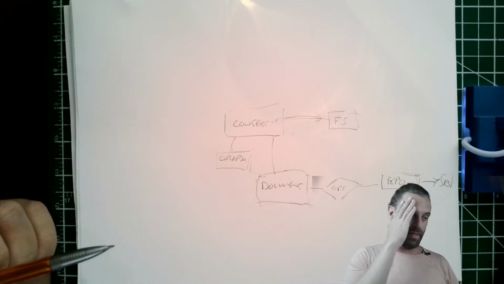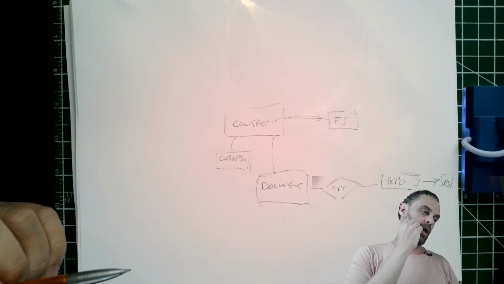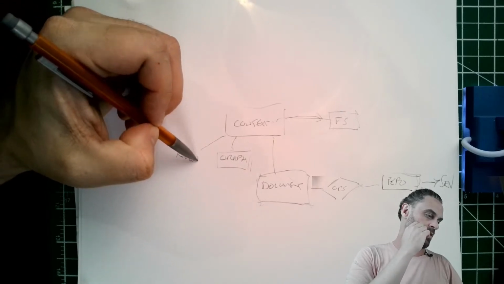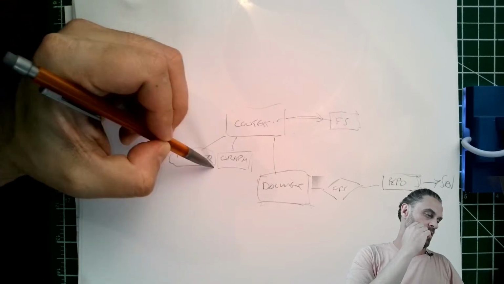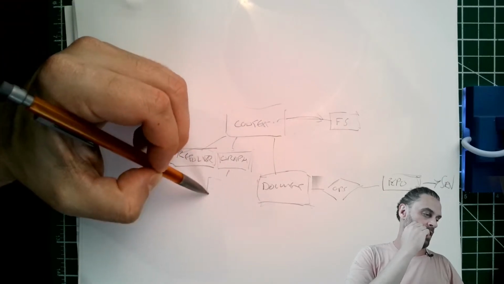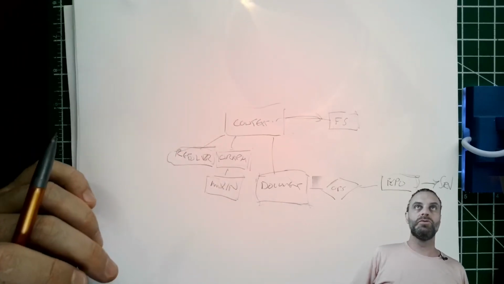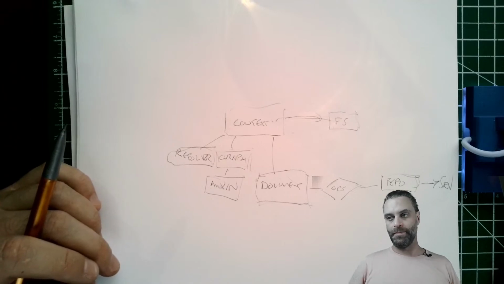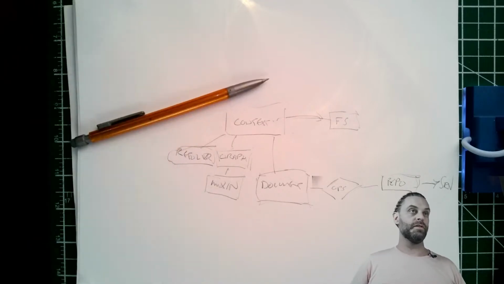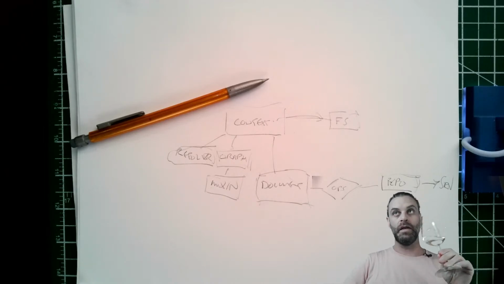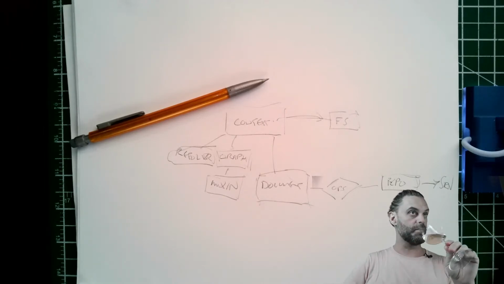So on top of this, I added a resolver. And I also added a mix-in for the graph operations to basically shortcut a lot of inference stuff that I needed to do in a bunch of ways, a bunch of places.